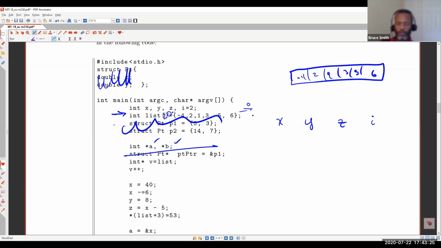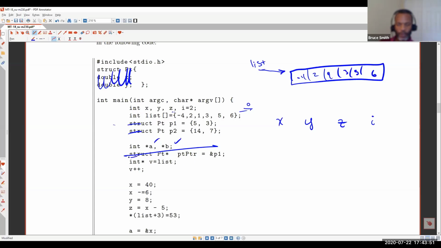There is a problem on the 3 most recent exams where a 20 is used as the initializer, so make note of that. List is the array, but it's also a reference to the very first element in the array.